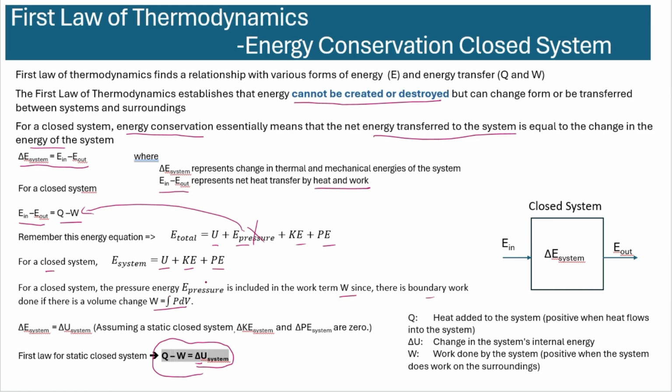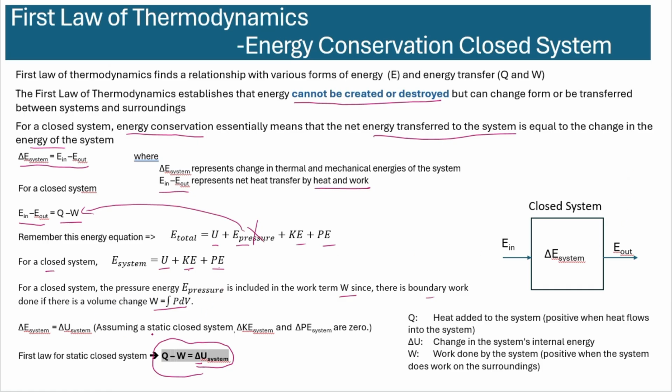So E total is U plus kinetic energy plus potential energy. Kinetic energy means this closed system is moving, and potential energy means it's probably changing in height and gravitational potential is changing, for example.